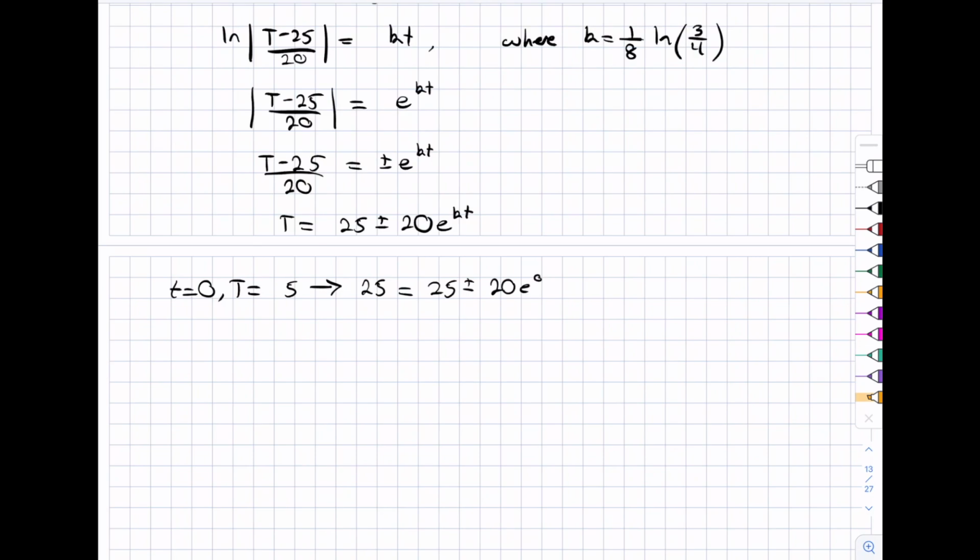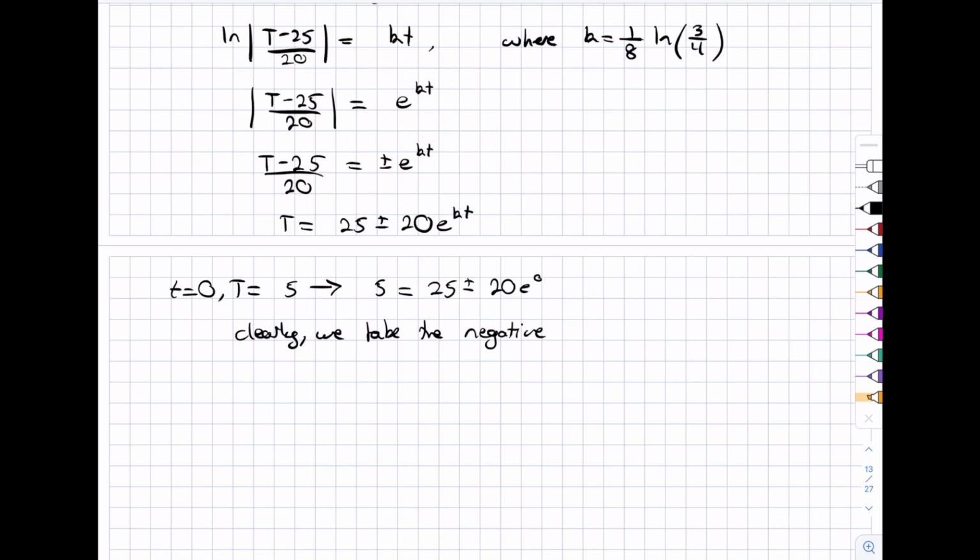So this is saying 5 equals 25 plus or minus 20. Well, obviously we have to take the negative case, which means, you don't even need to write this, but you can say here that clearly we take the negative.